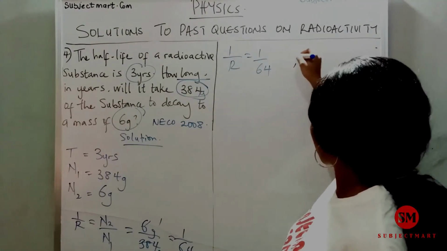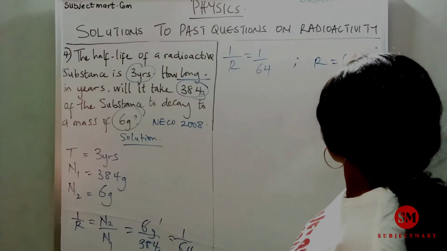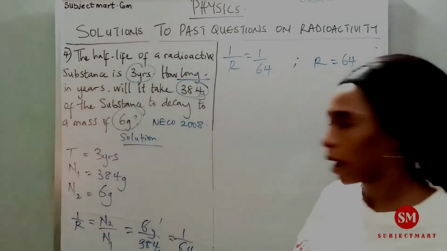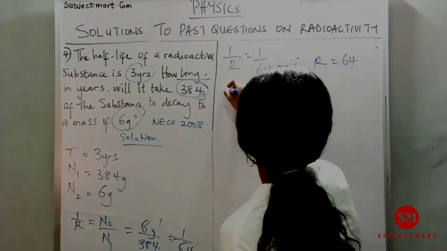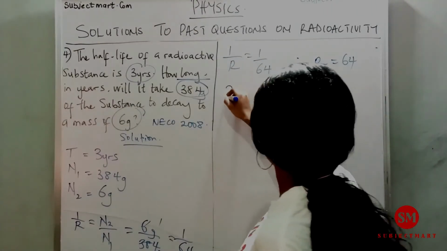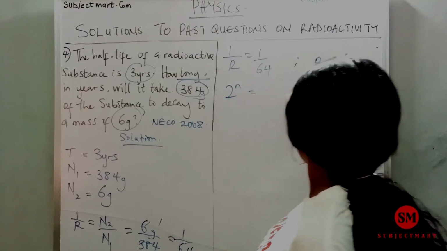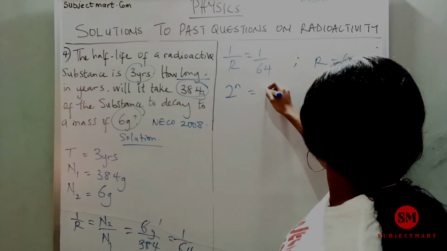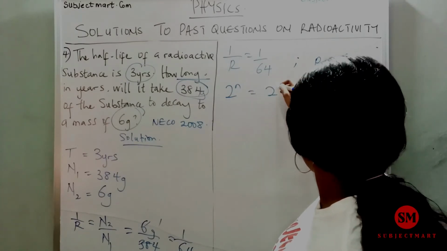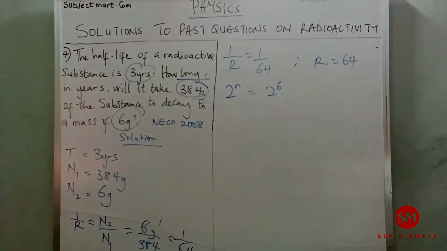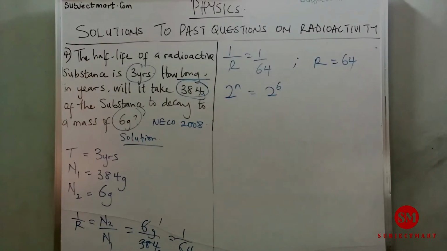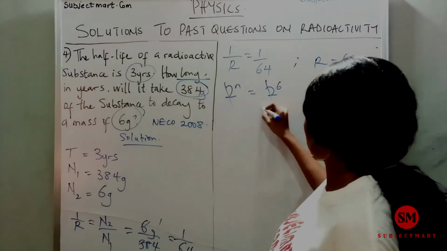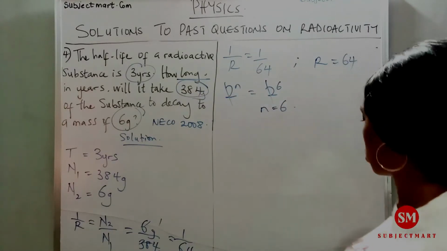So from here, R is equal to 64. And let's not forget that 2 raised to power n is equal to 2 raised to power 6. And that will give us n is equal to 6.